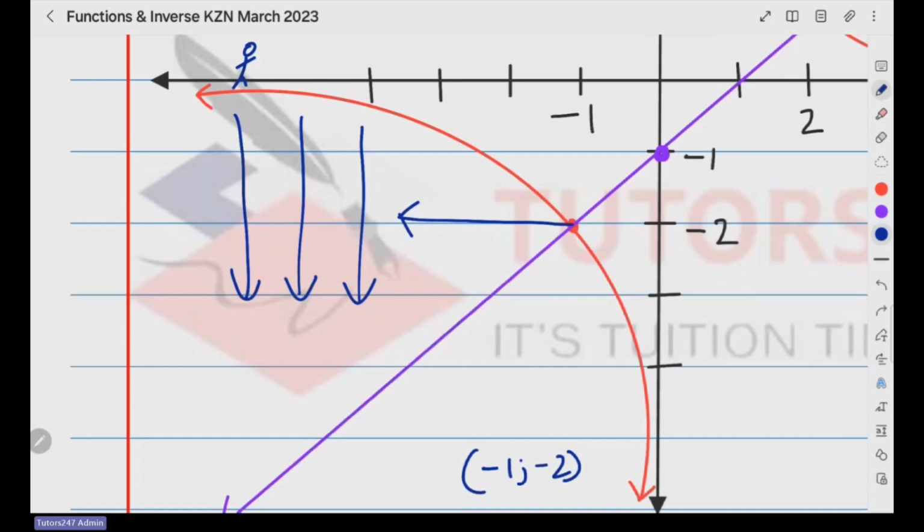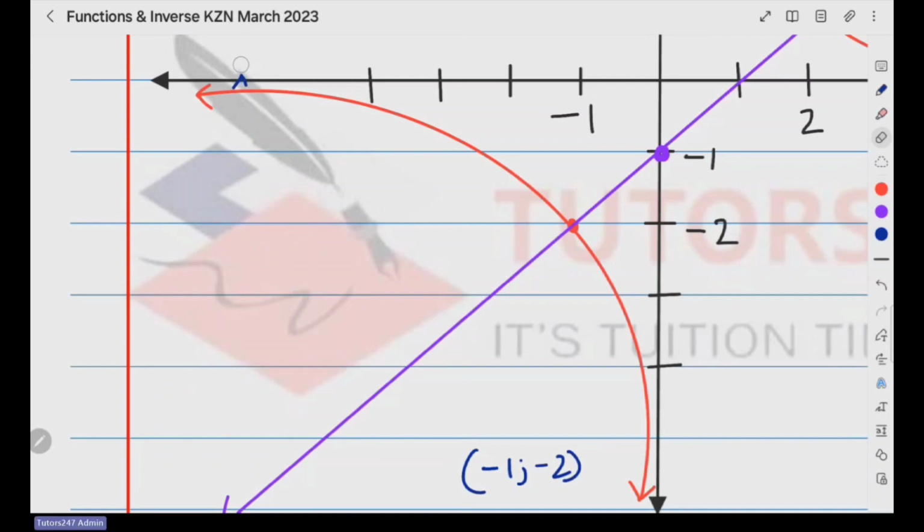We need the area where the red function is above the purple function, where the red function is on top of the purple function. So we now know that that is true for all the values of x to the left of x is equal to -1.